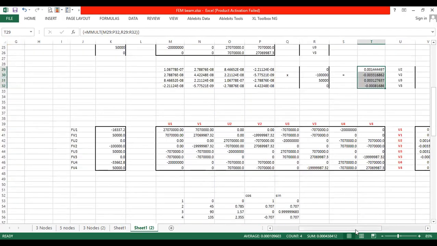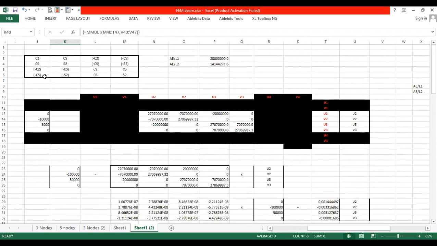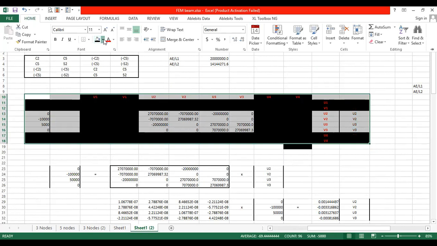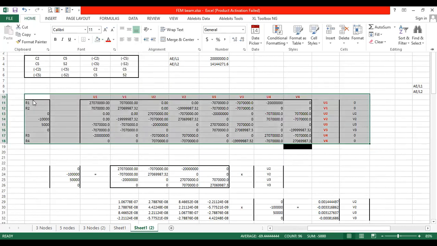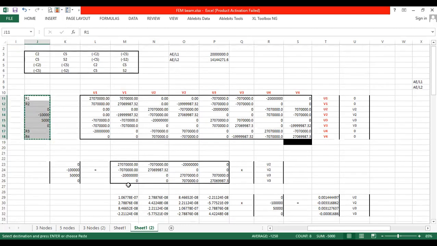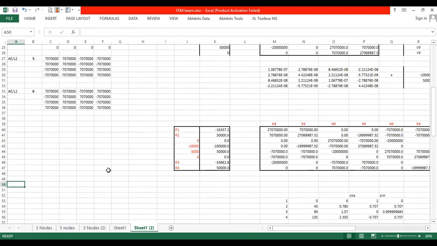And then you can plug these displacements back here, you know those, and then you multiply these values and take the forces, right? So these are the forces.